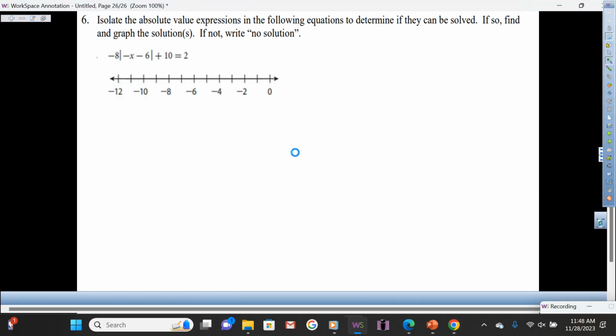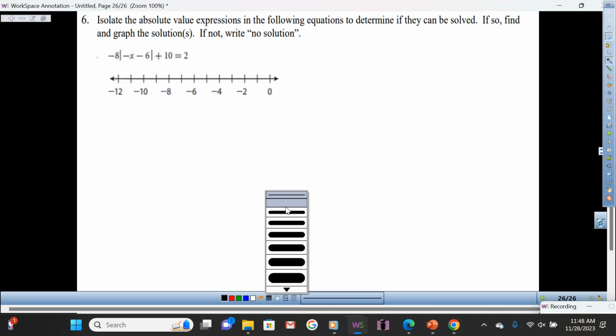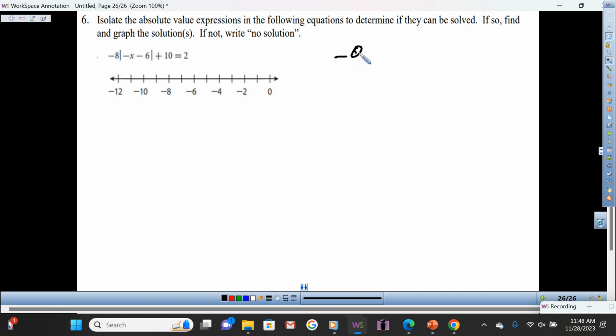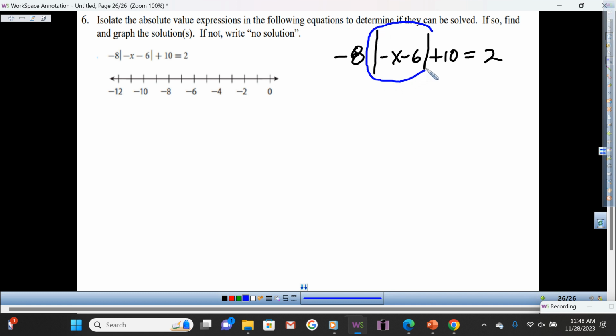I'm going to write this down over here again. -8, absolute value, -x minus 6 plus 10 equals 2. Step 1, we need to isolate the absolute value. That means we need to leave the absolute value by itself. So the first thing you do is circle the absolute value. Get rid of everything that's outside of that. So what's outside? The -8 that's multiplying and the +10.